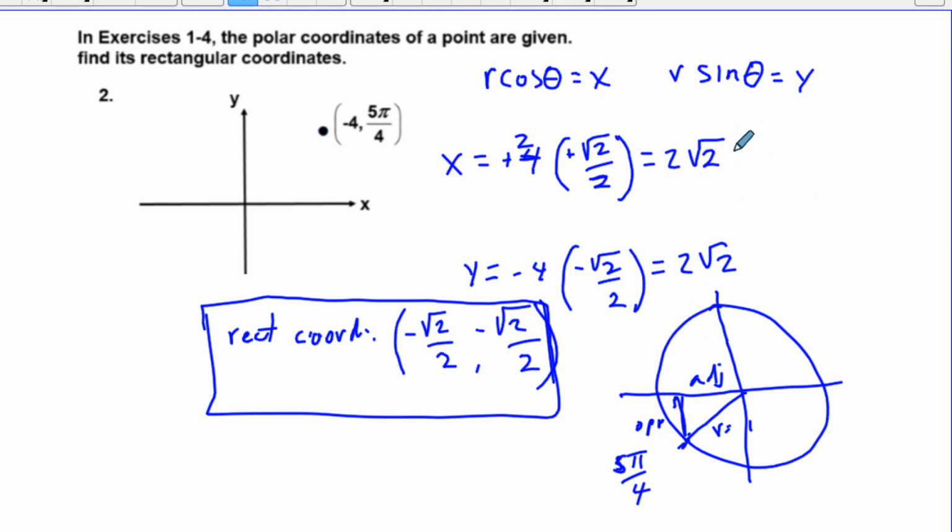And so cosine of 5 pi over 4 is going to be adjacent over hypotenuse.